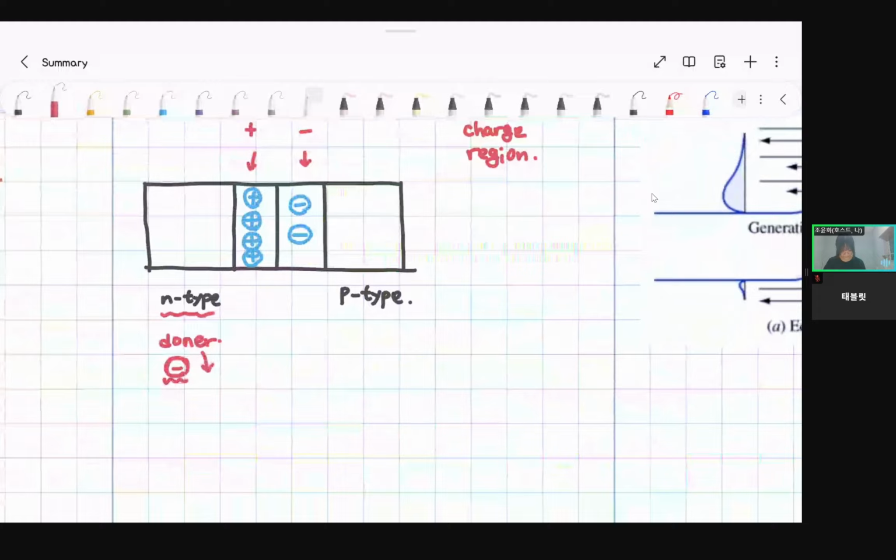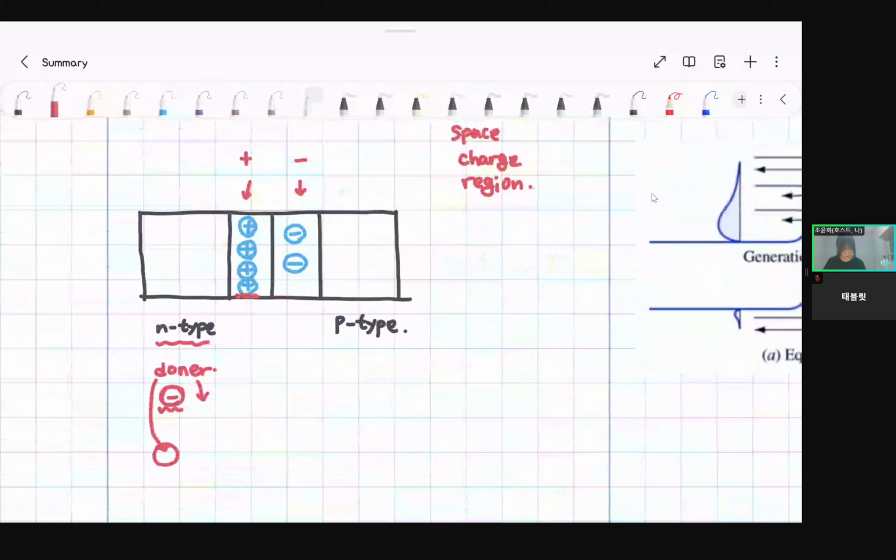So the donor ion keeps the plus state. In the P-type acceptor case, by receiving the electron, the acceptor is ionized and keeps the minus state.